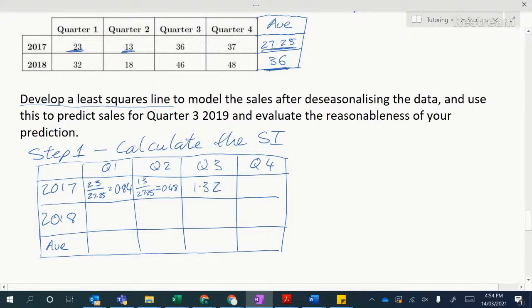Okay, I'm just going to start filling in the answers here so you can check your working. So that should be your seasonal indices for each of those quarters.